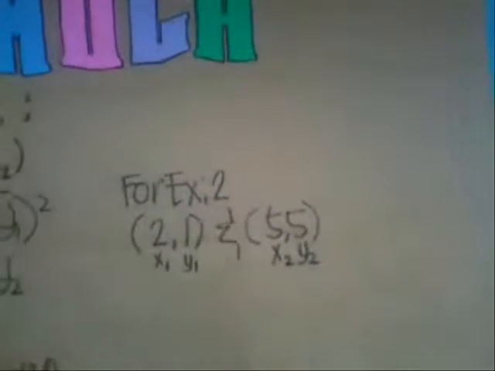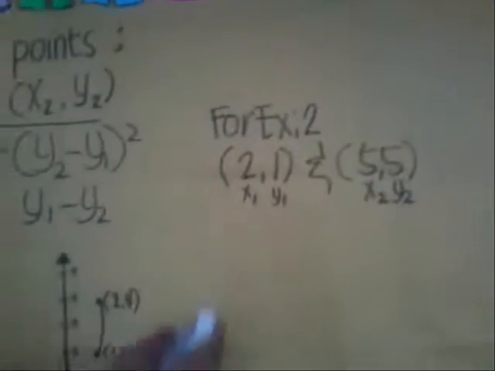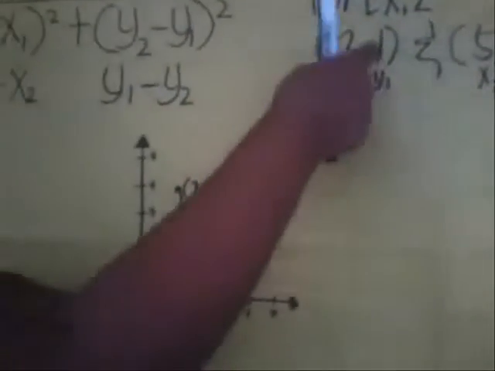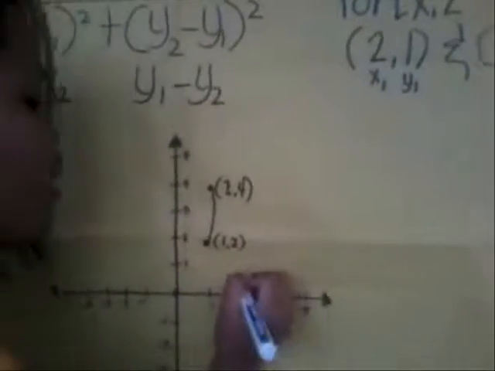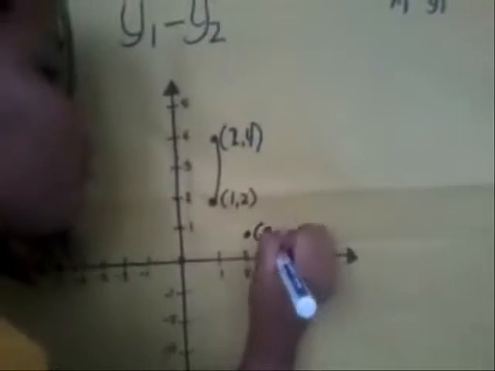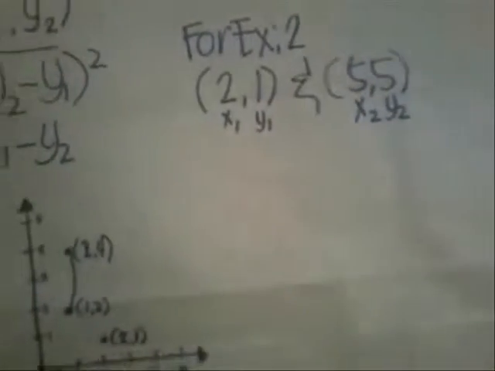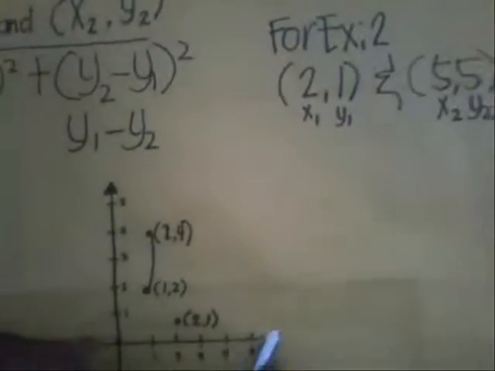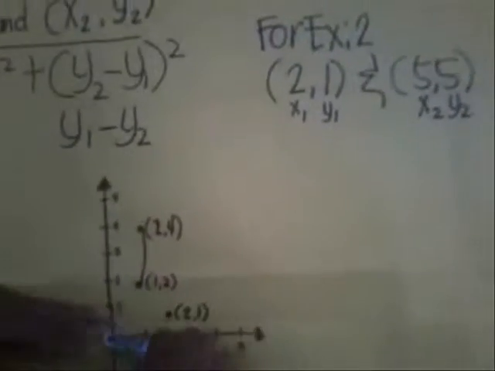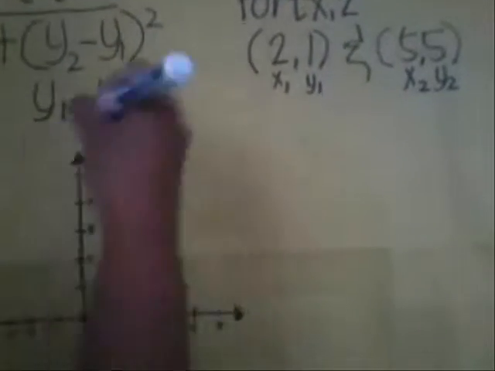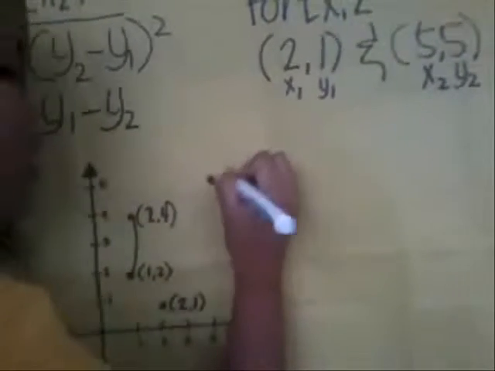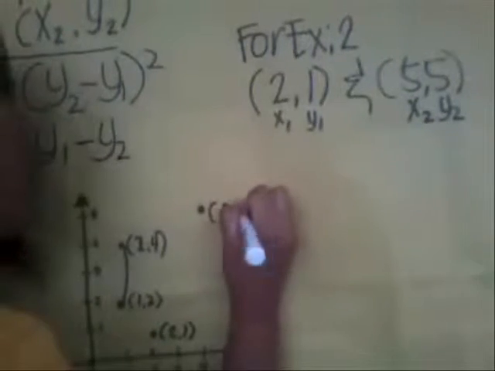First, put it in the graph. Since 2 is in the x-axis and 1 is in the y-axis, the point is located here, 2, 1. And in the other ordered pair, since 5 is located in the x-axis and 5 is located in the y-axis, the point is located here, 5, 5.